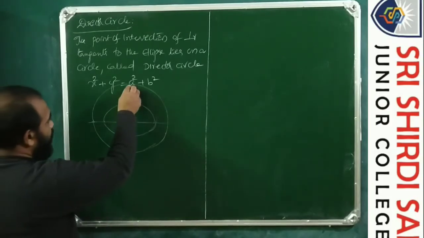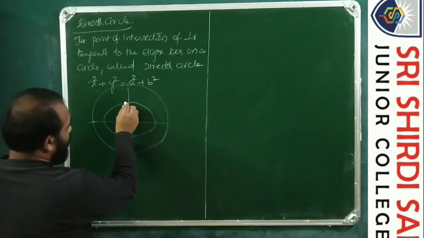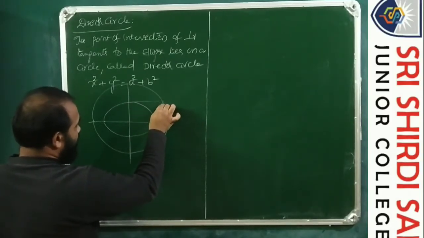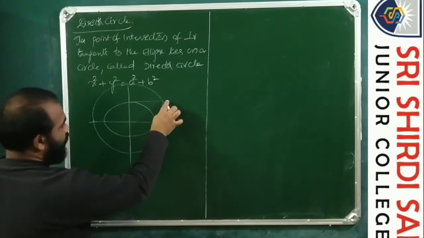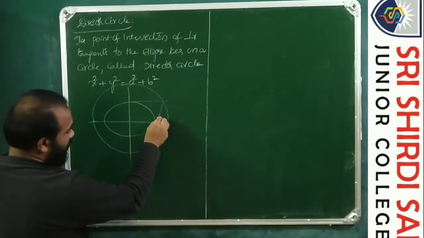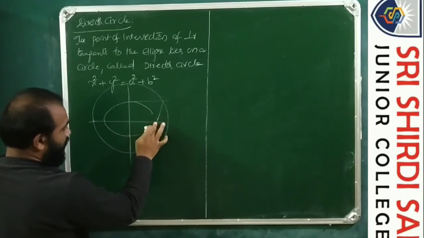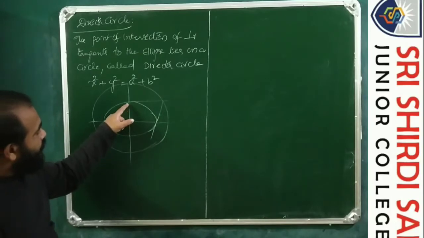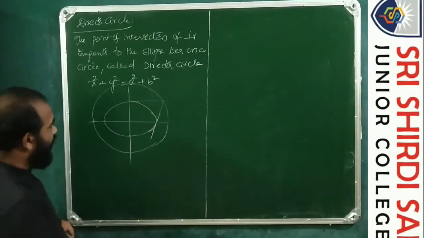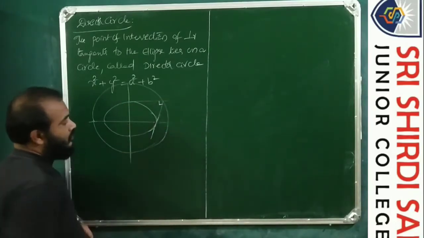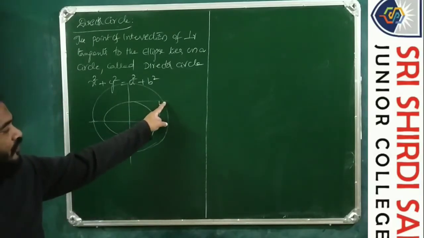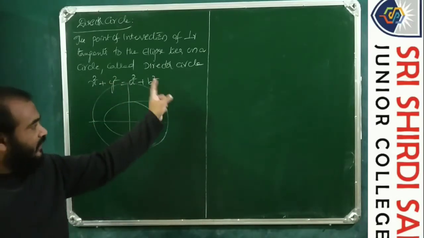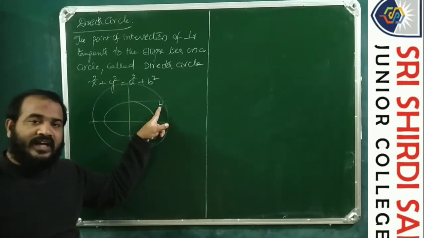That means this perpendicular tangent and this perpendicular tangent. This is a tangent and this is a tangent, and these two are perpendicular. So the locus of all the points of intersection of the perpendicular tangents lies on a circle called the director circle.